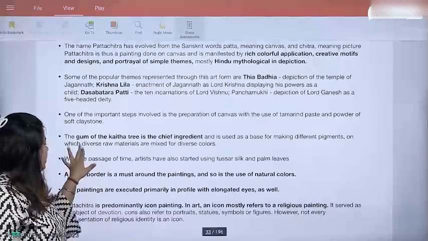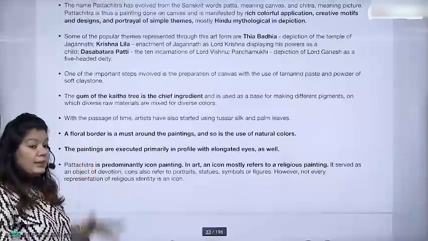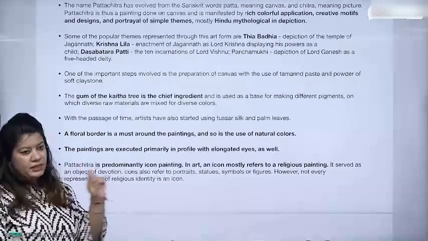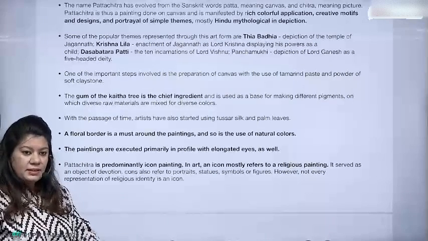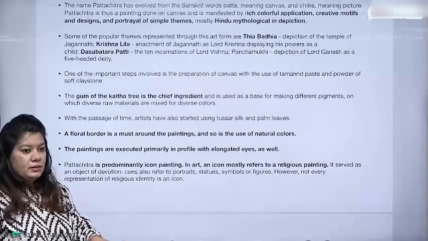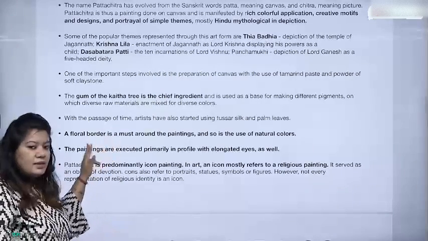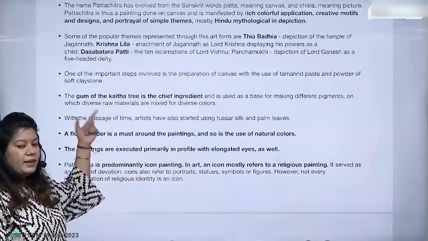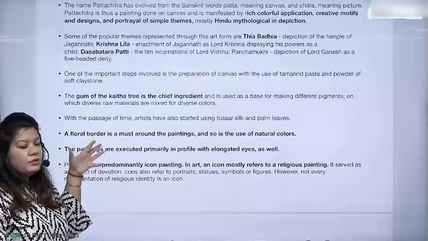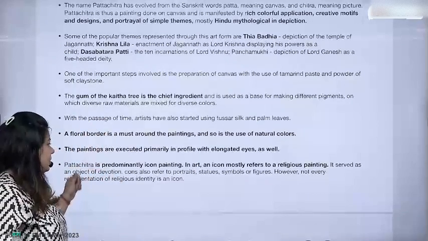So this is important. Floral border is a must. So if a statement comes that a floral border is a must in these paintings, representing the Pattachitra painting, this will be considered correct. Natural colors are used because you can again infer that the chief ingredient used in the pigments of colors is coming from the Kaitha tree.